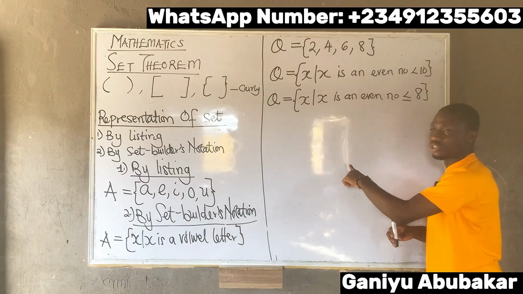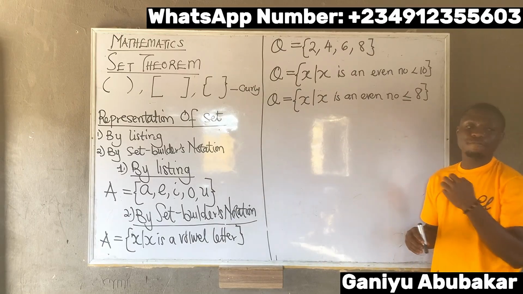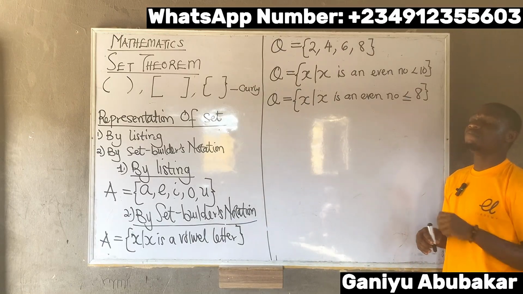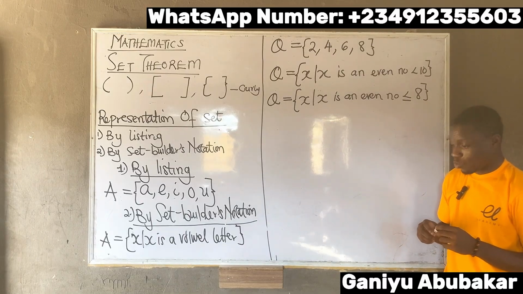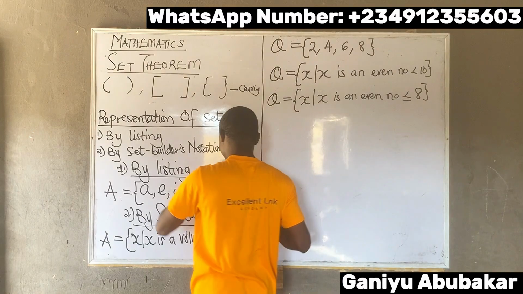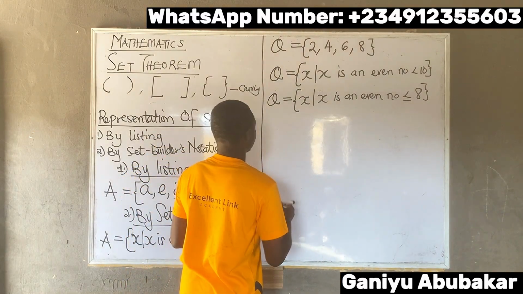So I will give you one question now. I will give you a question in the form of listing, and you give me the set builder notation. Are we ready?